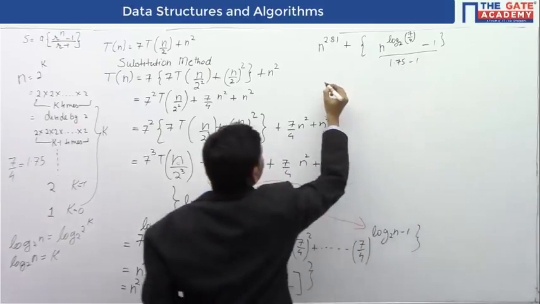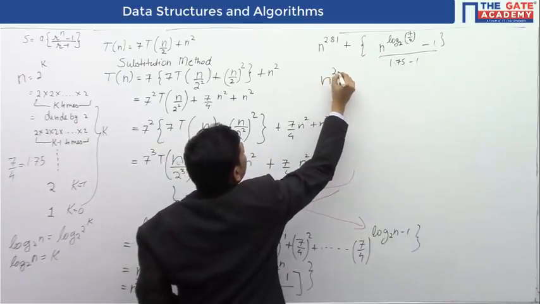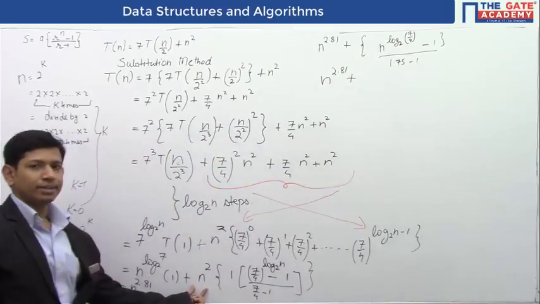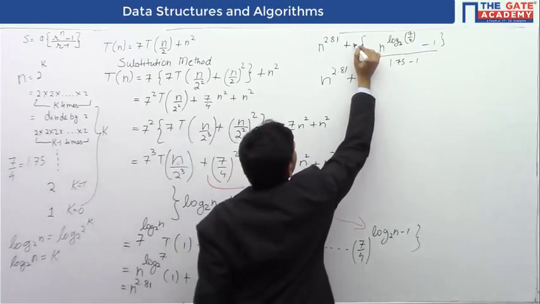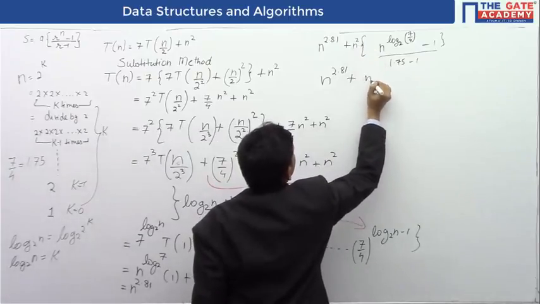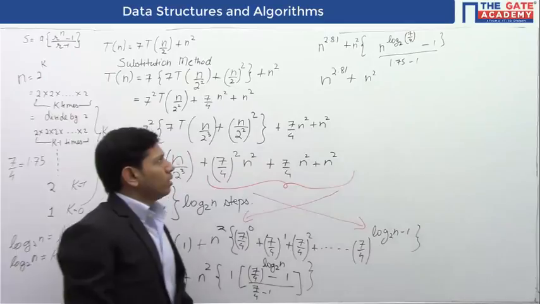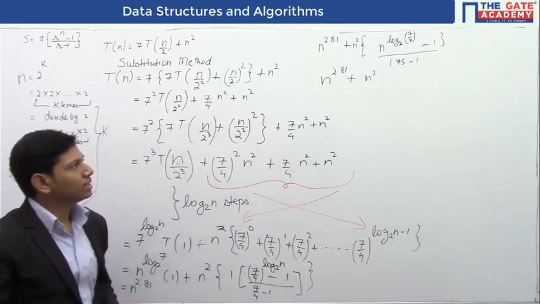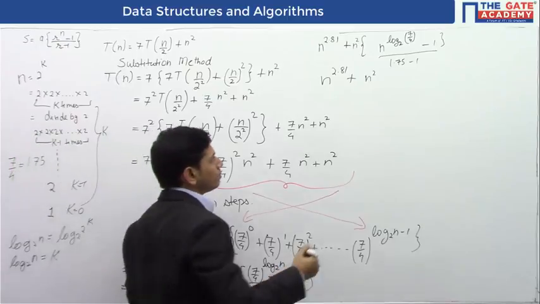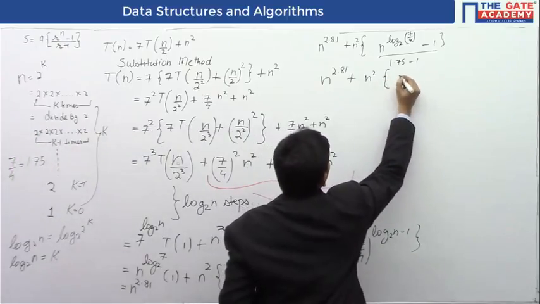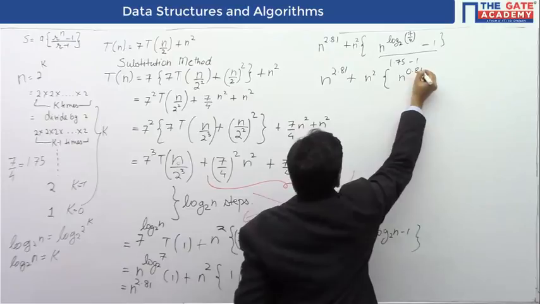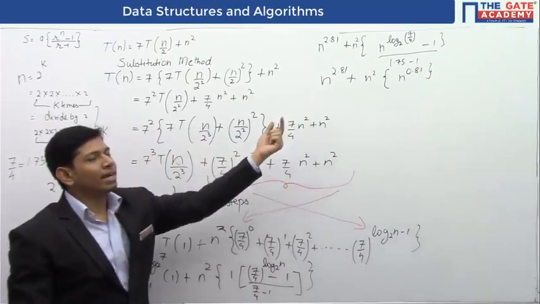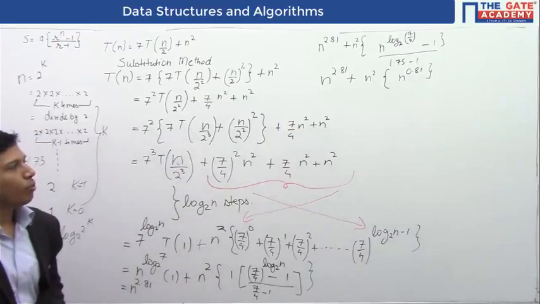So here we have n raised to power 2.81 plus, n square was common from here, n square was common from here, plus n square into 2 raised to power 7 by 4, which is 0.81, so n square into n raised to power 0.81 minus 1, and in the denominator we have 0.75.